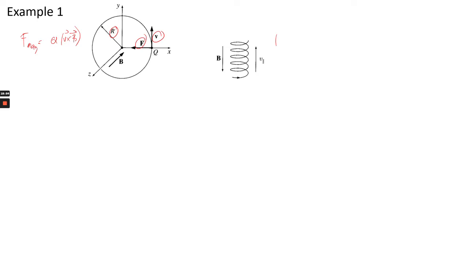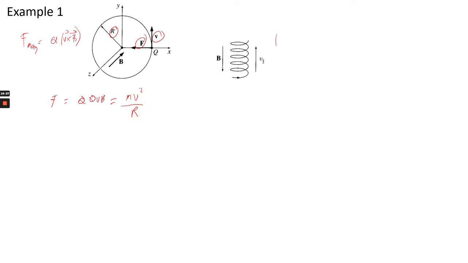So how do we calculate the momentum? The force is just Q V cross B. Since V cross B is perpendicular, that's actually QVB sine 90, and sine 90 is 1, so we have QVB. And this is equal to Newton's second law, the law of acceleration, so we have m v squared over r.